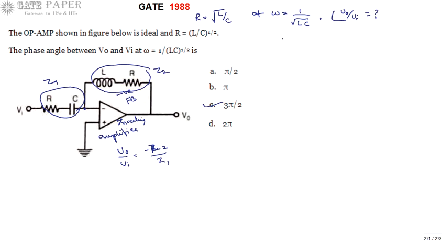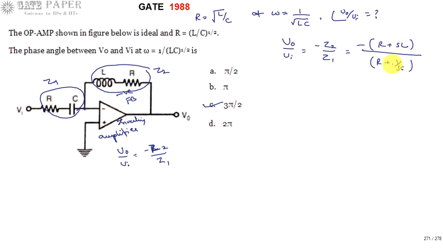So I can write V0 divided by Vin equal to minus Z2 divided by Z1. Using the Laplace transform, the reactance of the inductance is SL. Both are in series, so Z2 is R plus SL, and Z1 is R plus 1 by SC. So this is V0 by Vi equal to minus Z2 by Z1.